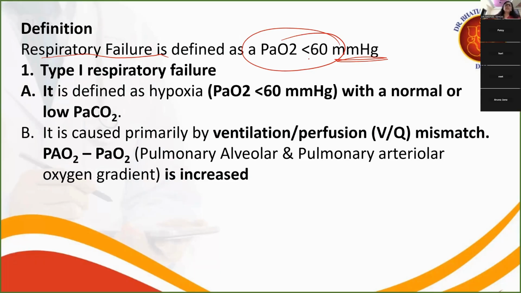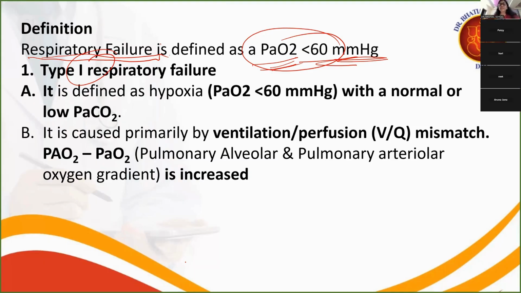Hypoxia is a decrease in oxygen pressure of the tissues, but we define it with arterial levels, that is PaO2 less than 60, which is hypoxemia, but we use them interchangeably. So respiratory failure is defined as hypoxia with a partial pressure of oxygen less than 60. It can be type 1 or type 2.